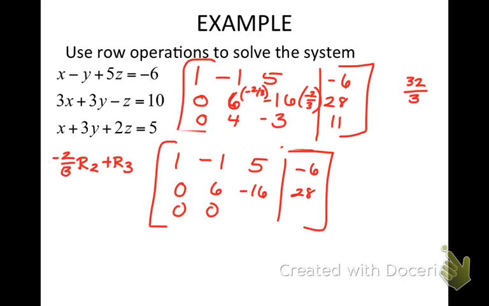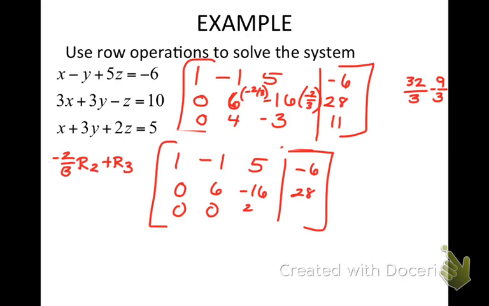All right, let me do some math over here. 32 thirds minus 3, which is 9 thirds. So 32 minus 9 is 23, right? 23 thirds.